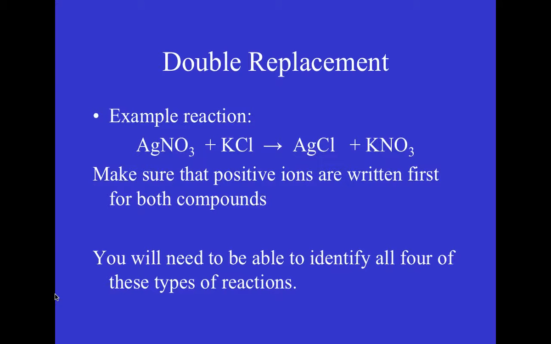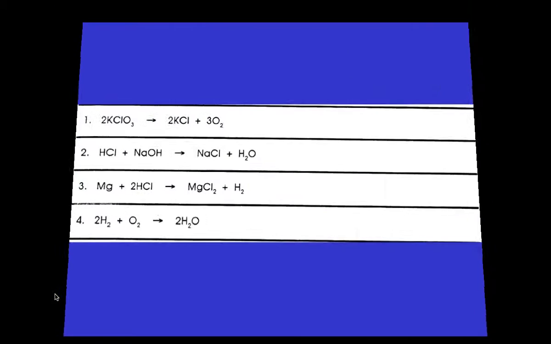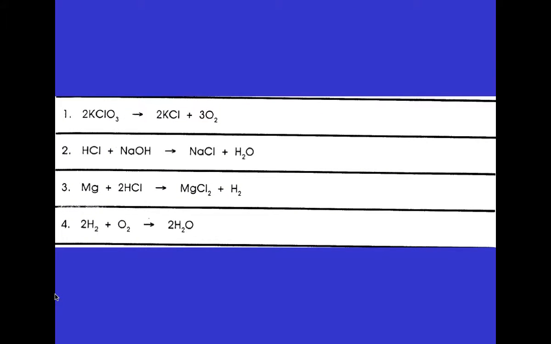So what I want to do is very briefly walk you through the first four examples on your Classifying Chemical Reactions worksheet, and we'll take you through the process. All right, let's take a look at the first one. I have KClO3 giving me KCl plus O2. The first thing I always do is count.